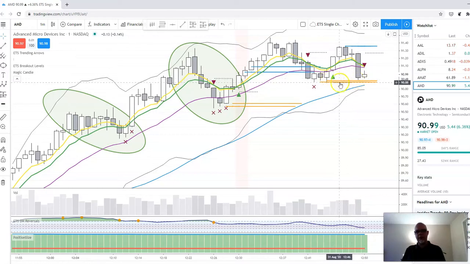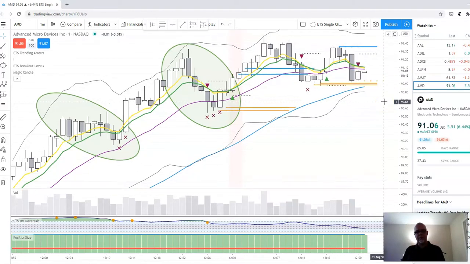So now we'll have to see, because we have moving averages here as well as this level, we'll have to see if it breaks through this or whether it bounces. Now if this doesn't break through, we might be looking at a wedge forming. So we'll see what the case is.